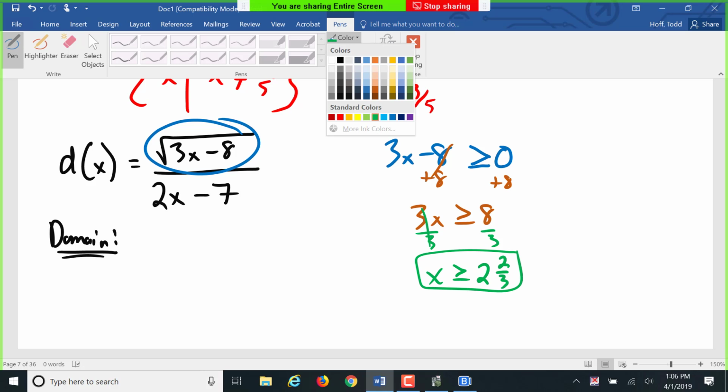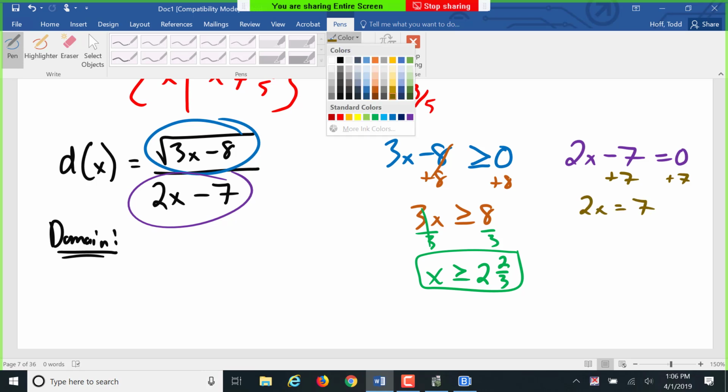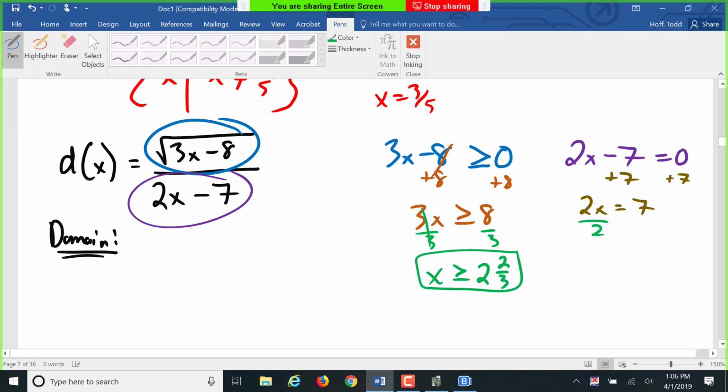Then we also have the bottom here, 2x minus 7, which cannot equal 0. So we add 7, 2x equals 7, and divide by 2 to get x cannot equal 3 1/2.